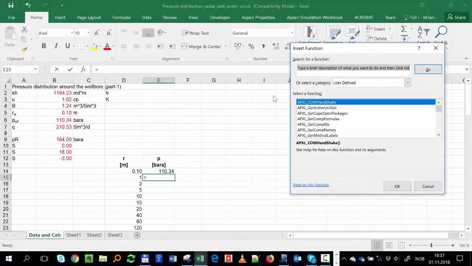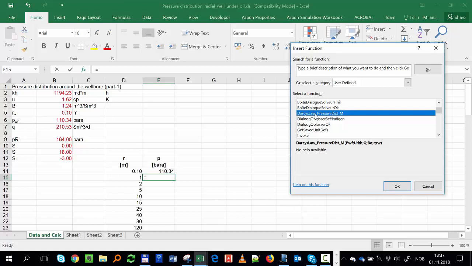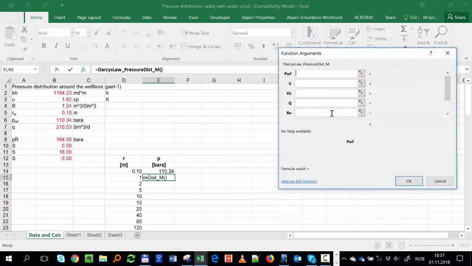We go to Darcy law, pressure distribution in metric. And here we use that pressure, which is PWF. I have to block it. That will be the same for all points.